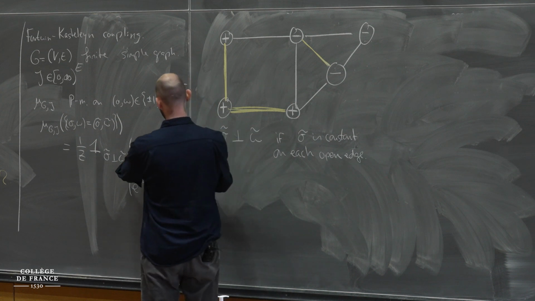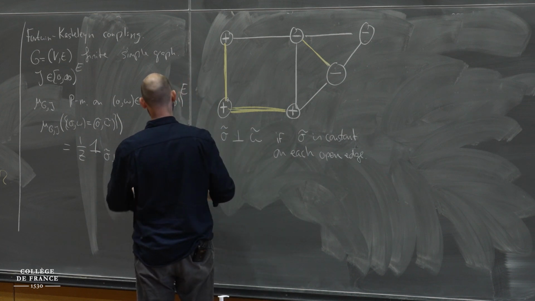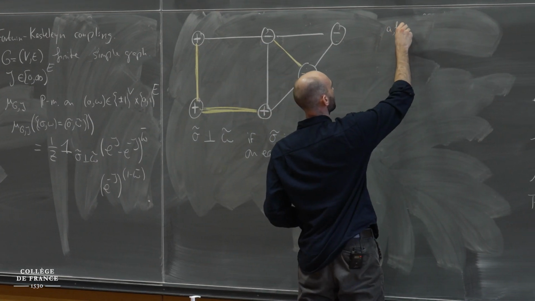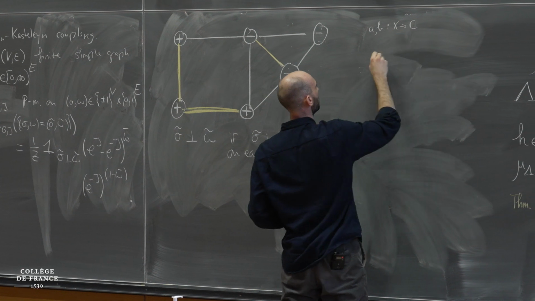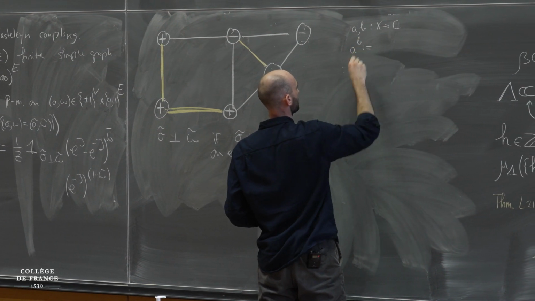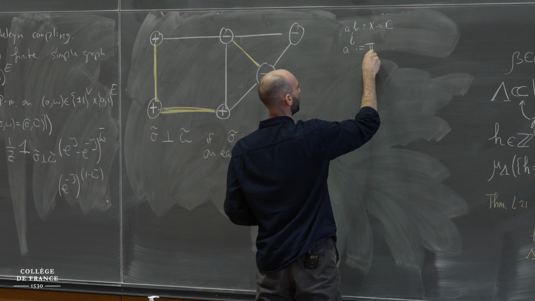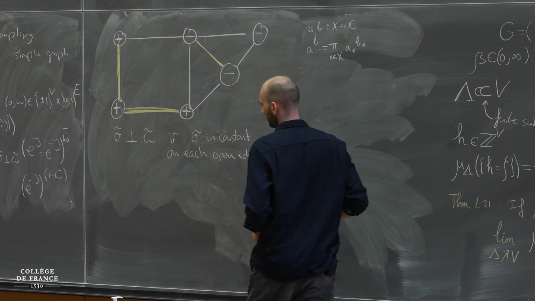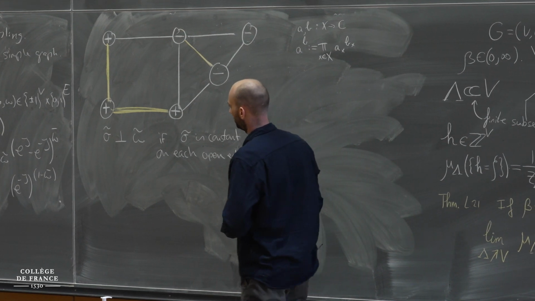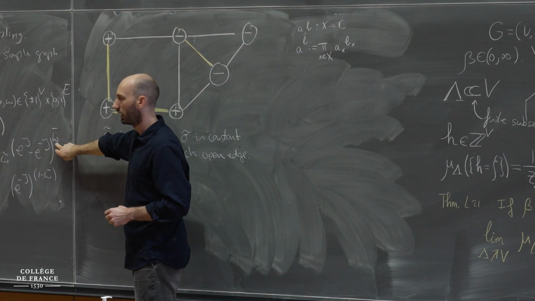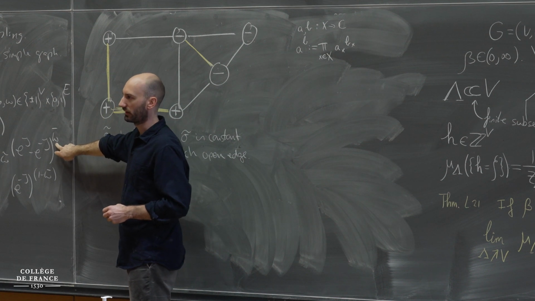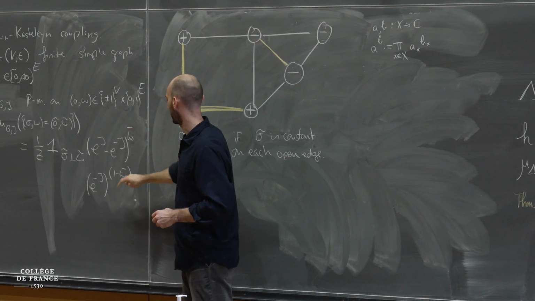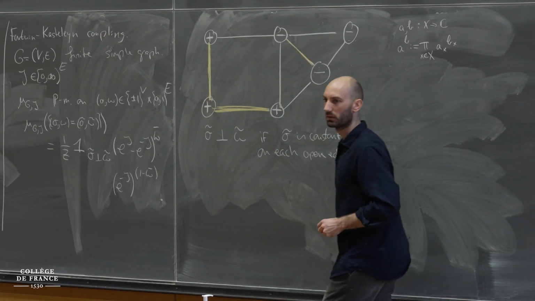What I mean by this term is that I have this kind of shorthand notation, which is that if a and b are functions from x to c, then a to the power b is just the product over x in X of a_x to the b_x. So omega is a percolation configuration, so it means that if omega is open, then we take one of the factors here, and if it's closed, we take one of the factors there.